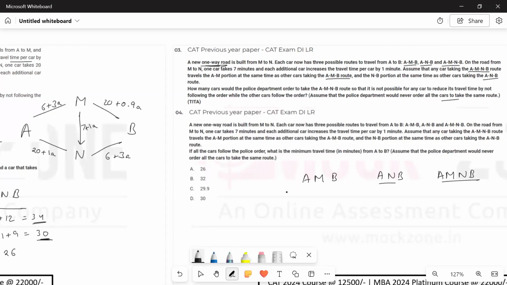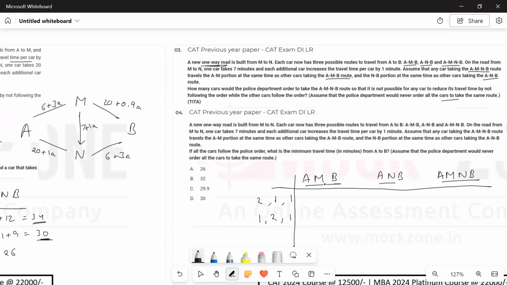Okay, now we have four cars. One option can be that two cars take A and B, one car takes A and B, and one car takes AM and B. The other option can be 1, 2, 1.